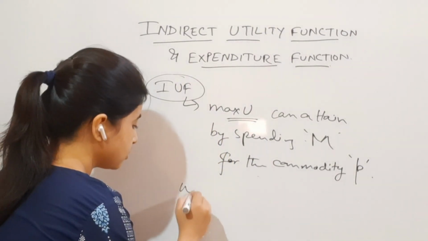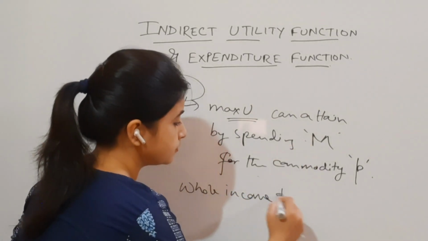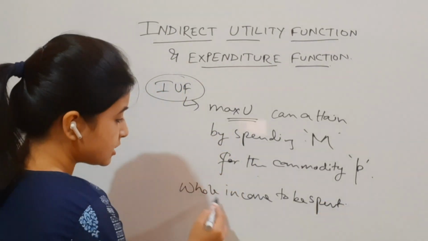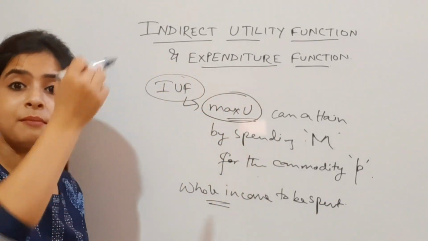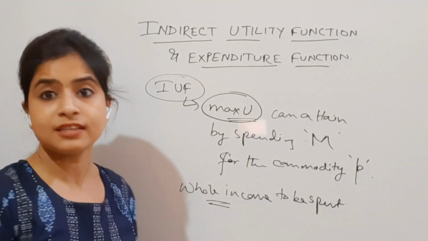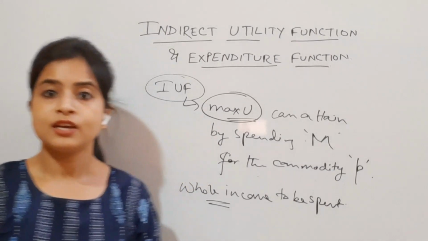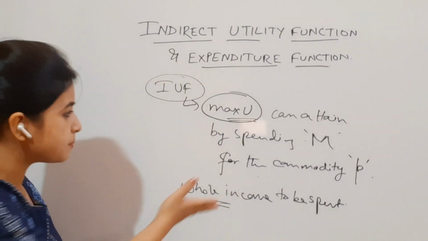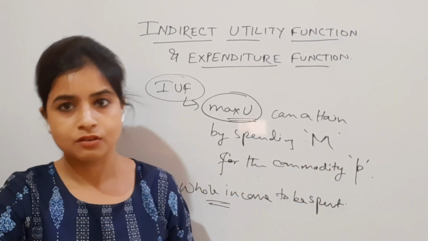If the whole income is not spent, then the maximum utility that the individual can attain is not possible to capture. This is the main thing that you have to remember. And of course the prices of the commodities remain unchanged, right?